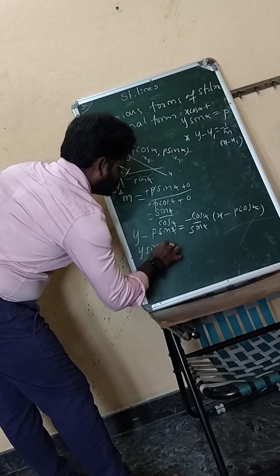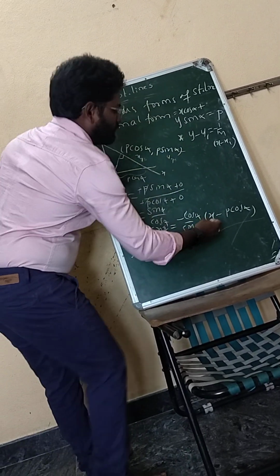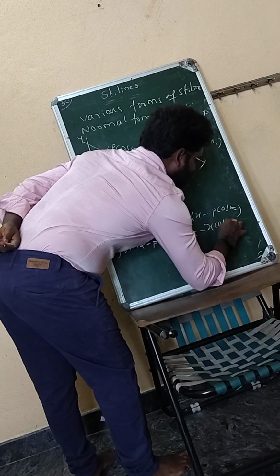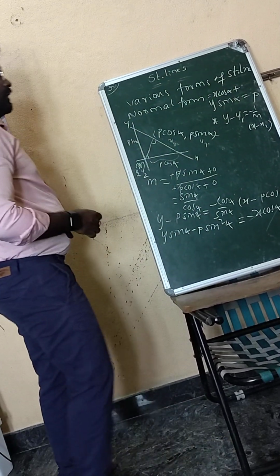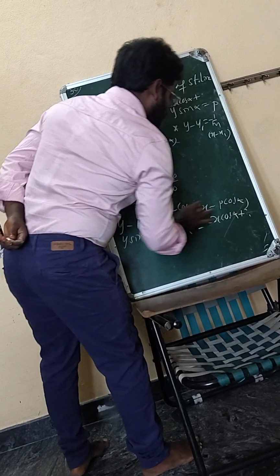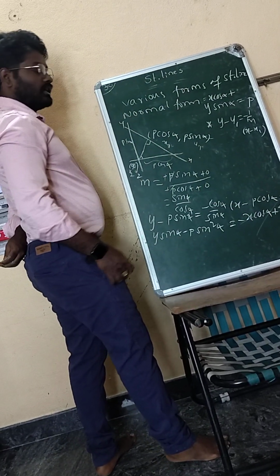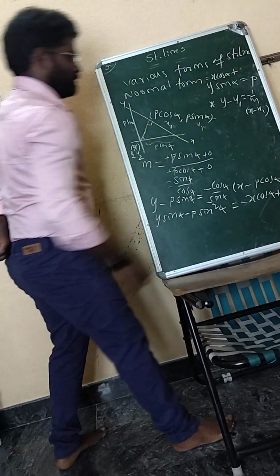y sin alpha minus p sin square alpha equals minus x cos alpha, minus into minus plus x cos alpha into p cos alpha, cos alpha into cos alpha is cos square alpha, p cos square alpha.